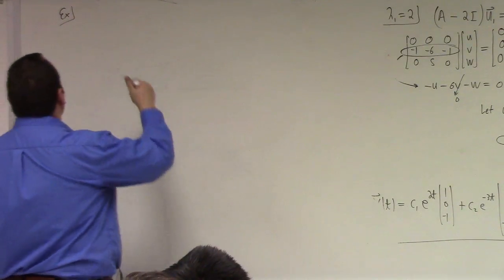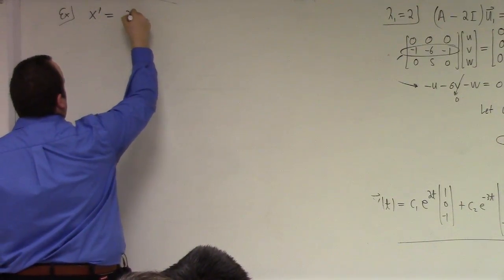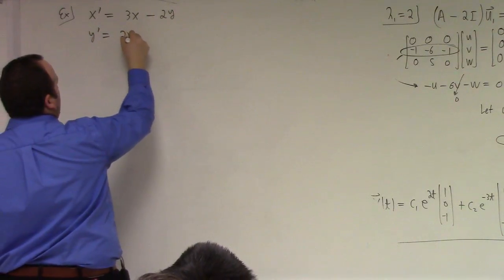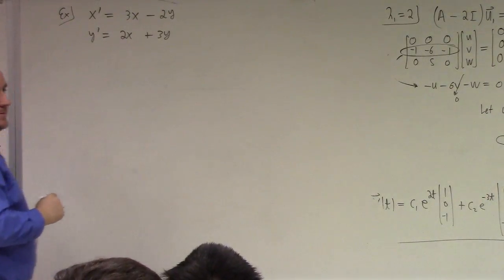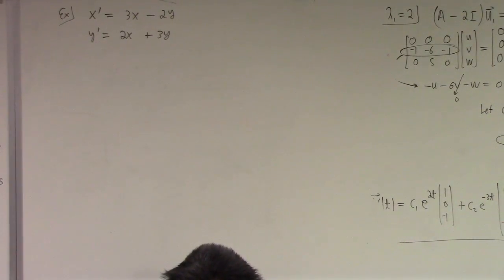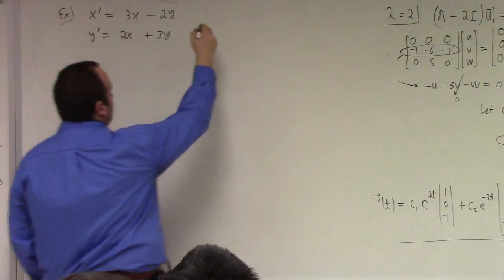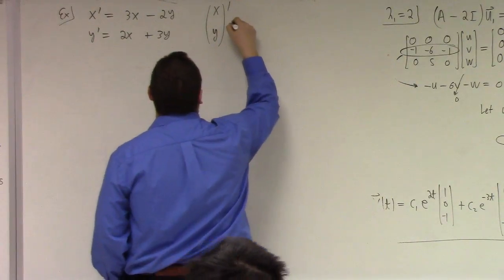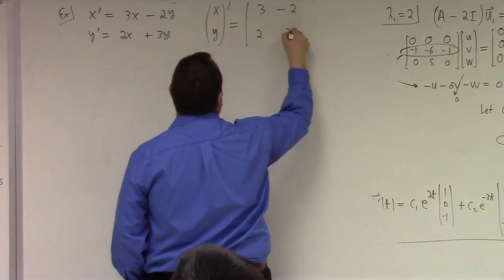Yeah. Let's see here. So next example. How about x prime equals 3x minus 2y and y prime equals 2x plus 3y. I want to show you how to solve this problem. So what's going to happen here is something interesting. So we've got the vector (x, y) prime, and here's the matrix 3, minus 2, 2, 3.